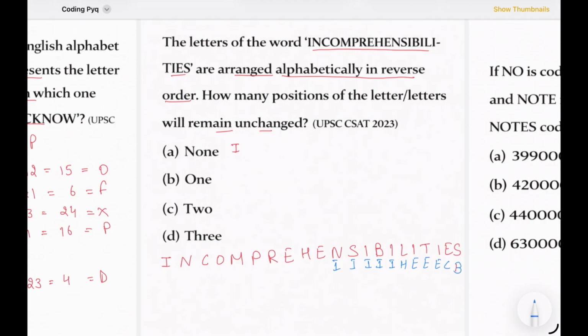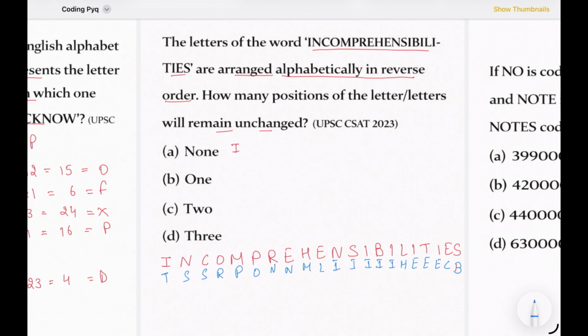Then L, 1 time. M also 1 time. N we have 2 times. Then O and P, 1 time each. Q is not there. R also 1 time. S 2 times and T 1 time.